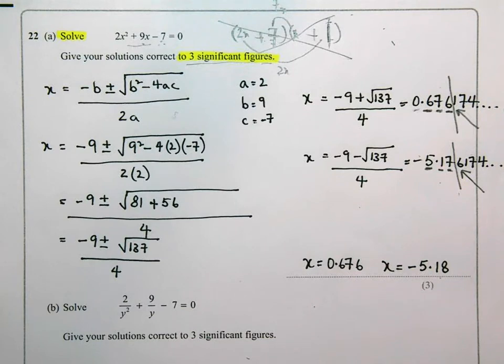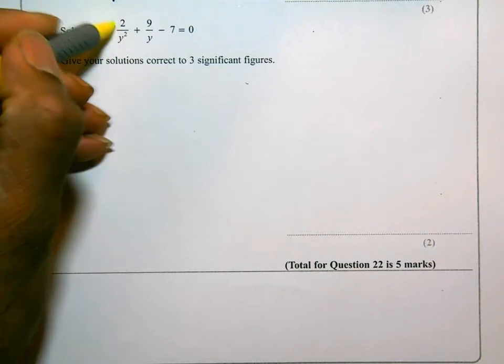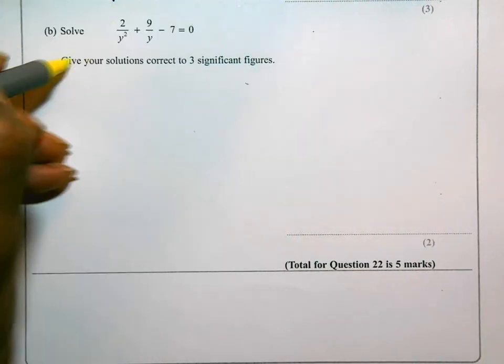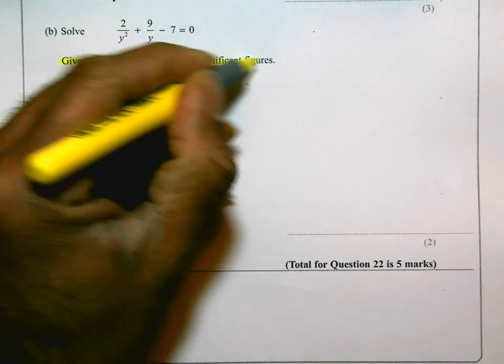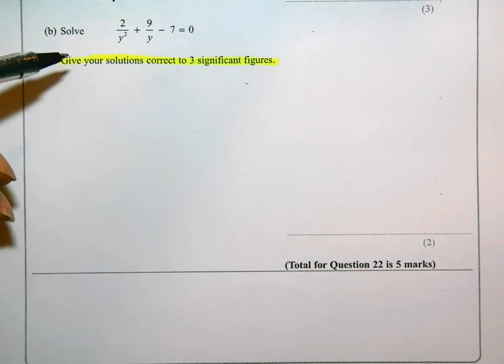In part B, they've given you this equation, and they said solve. Give your answer correct to 3 significant figures. So it's very similar to the first part of the question. However, one of the things you need to be aware of is links between part A and B in questions of this type.